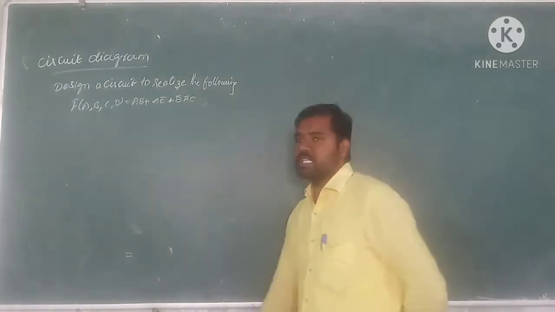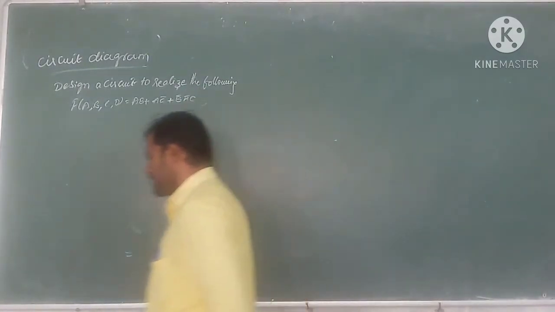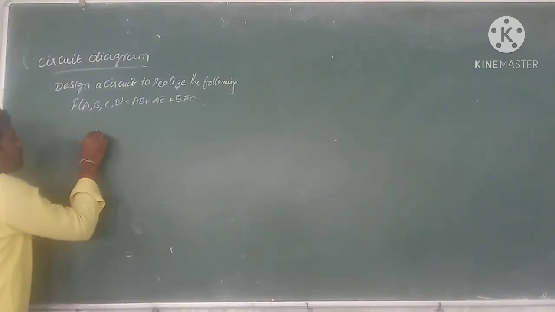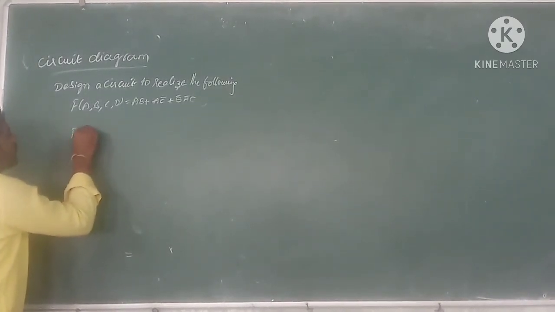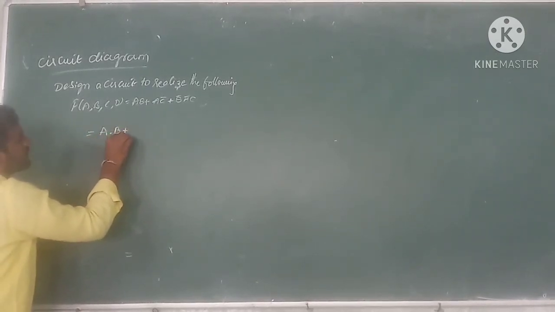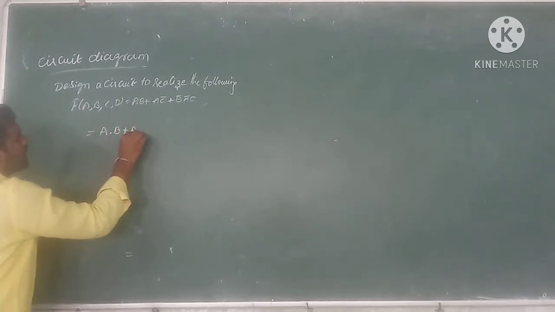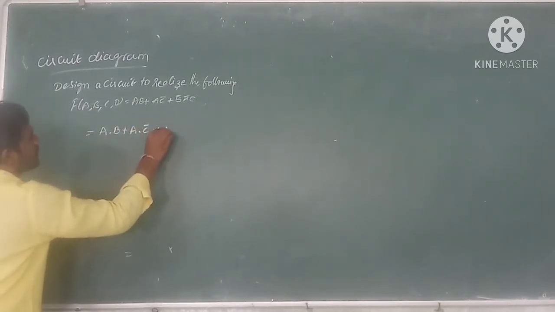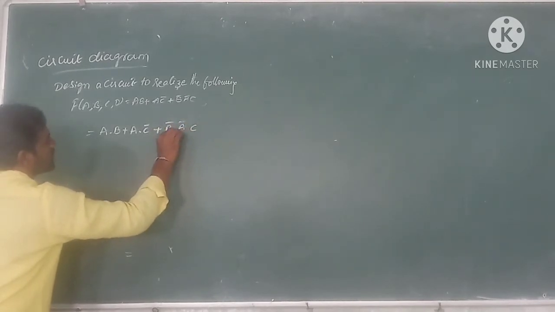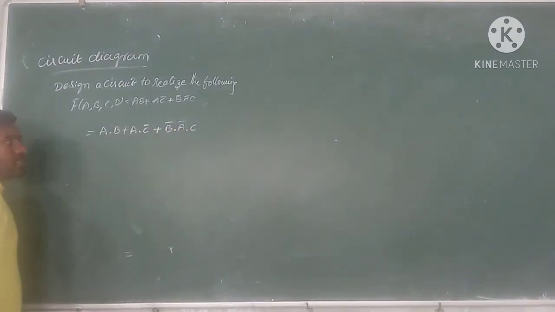Let us convert this into the basic, known format. Write it directly: a dot b plus a dot c complement, and like this we need to understand how to differentiate the complement.